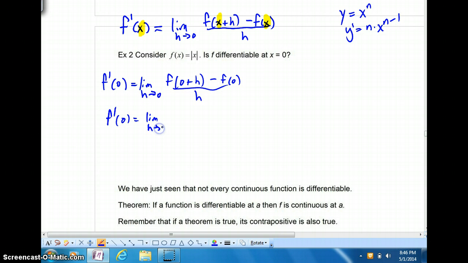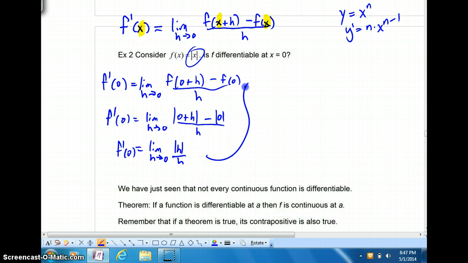Well, what is our 0 plus h? Substitute that into the absolute value. You've got the absolute value of 0 plus h, minus f of 0, which is the absolute value of 0 itself. Oh my goodness. If we go back to our limit chapter, guys, you're going to know that we're in trouble in terms of this limit existing.